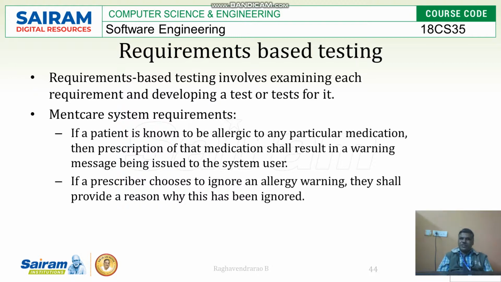If the prescriber chooses to ignore that allergy warning, then the testing is going to be a failure. When the prescriber ignores that warning, he has to specify why he has ignored it. That is requirements based testing.